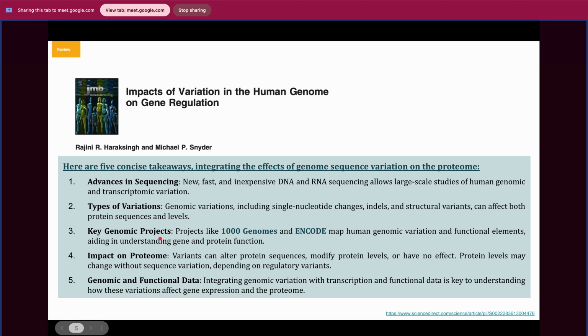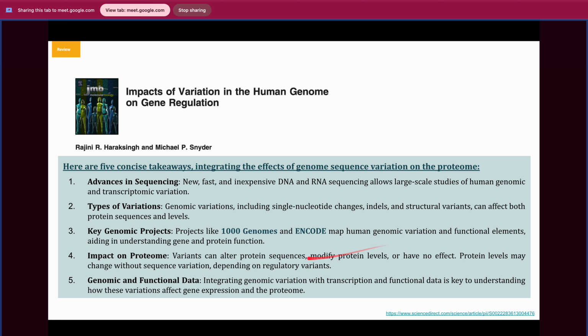The genomic projects which are attributed to capturing these variations are the 1000 Genomes Project and ENCODE. Their main purpose is to identify the human genome sequence. After comparing multiple human genome sequences, they are able to capture the genomic variations and also identify the functional elements, that is, the elements of the genome which are involved in functionality, either protein functionality or regulatory roles.